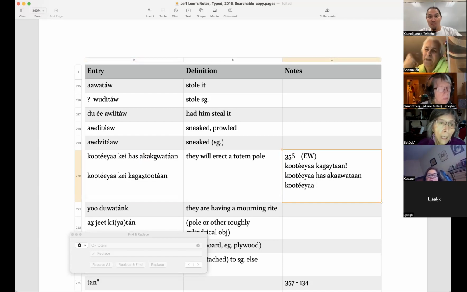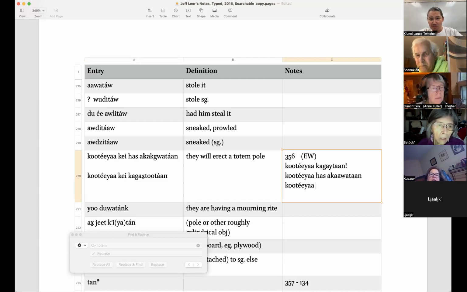What is the K-A? It's a horizontal surface. Okay, it goes up on, you're kind of standing it up. We might have 3 different verbs. There's at least 2 for raising a totem pole, but I know of 3 total. They're probably all in it. And we raised a totem pole.